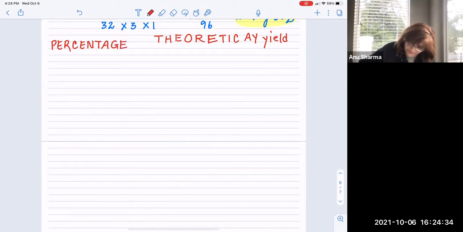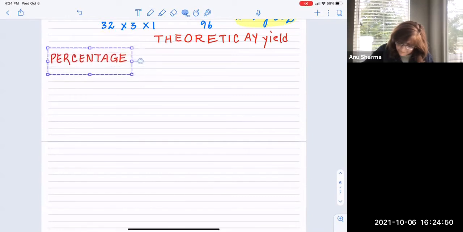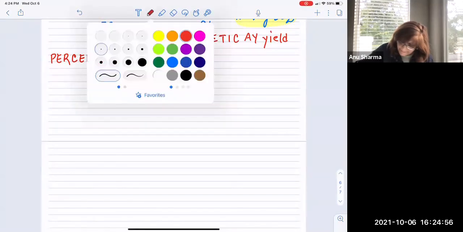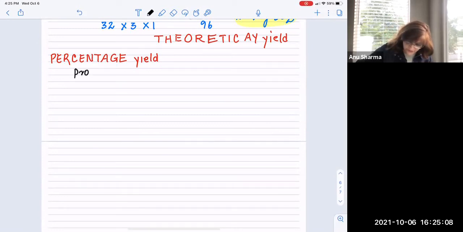Percentage yield. Okay, now when we talk about the percentage yield, there is a productivity loss in the reactions, a productivity loss of final product.